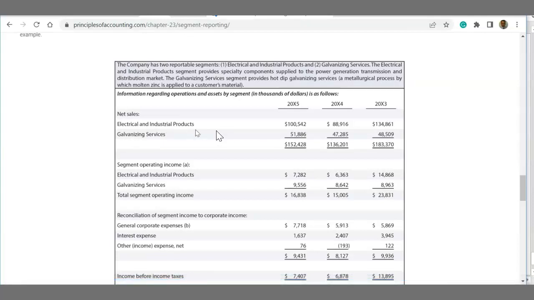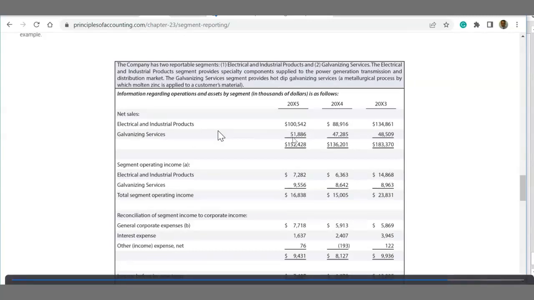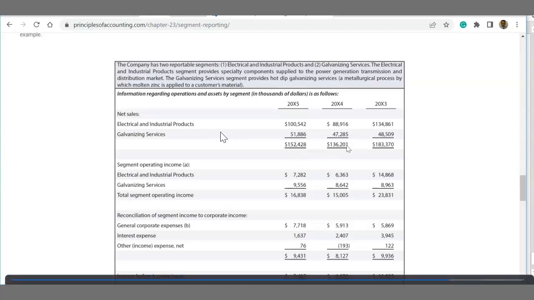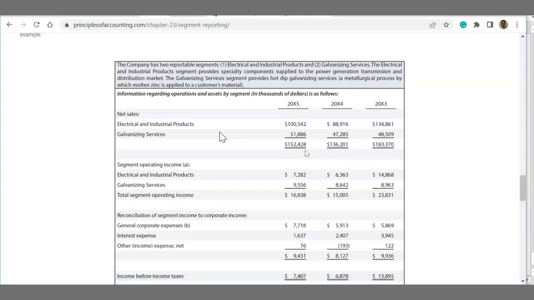Electrical industrial products, sales, galvanizing services for this company, let's say, you see different types of services. So total revenue sales for 2015 is higher than 2014, but 2013 was much better than either 2014 or 2015.